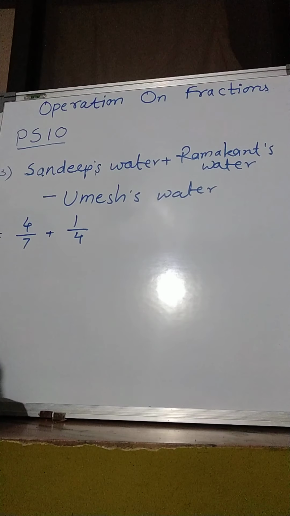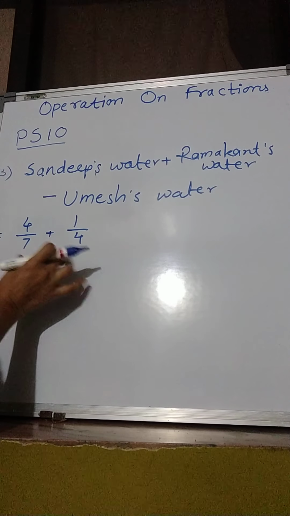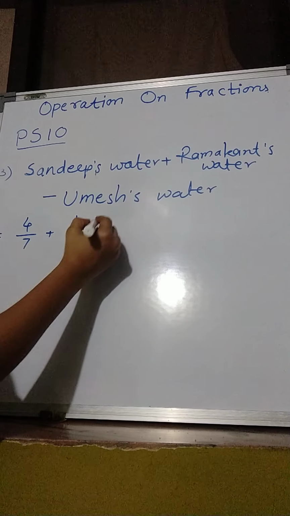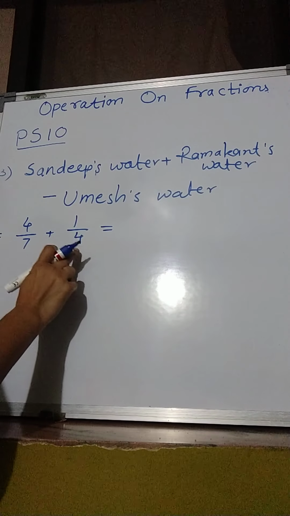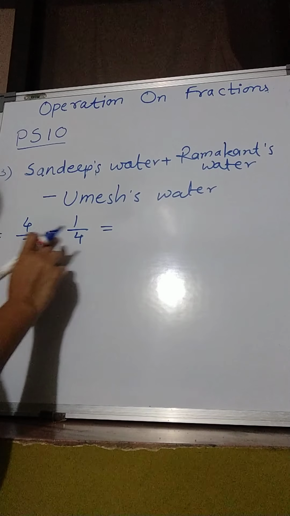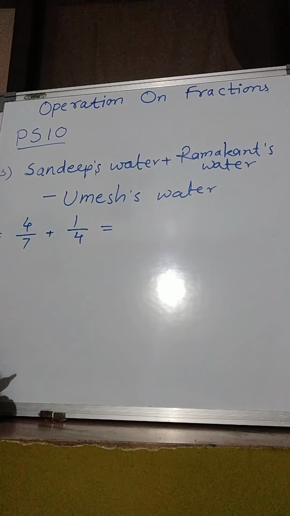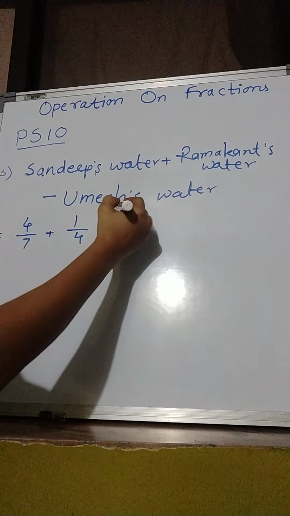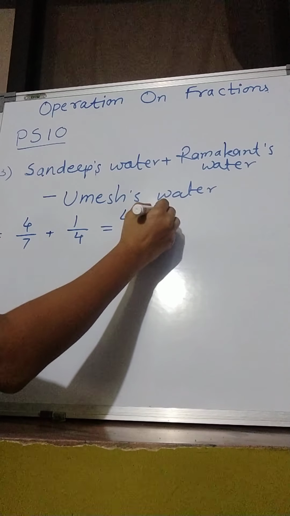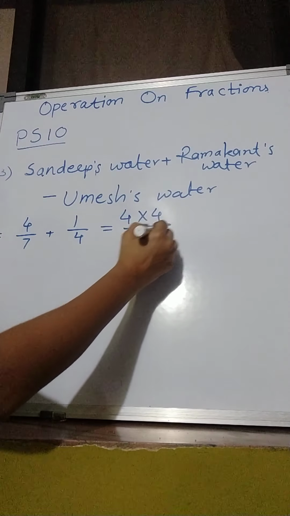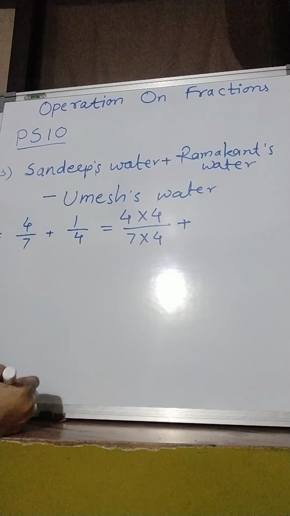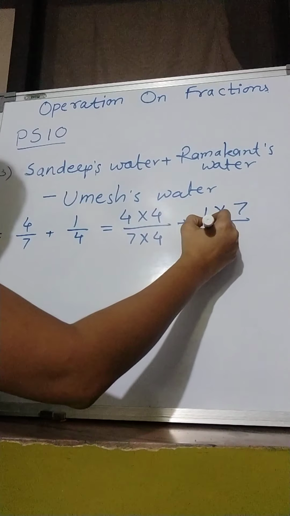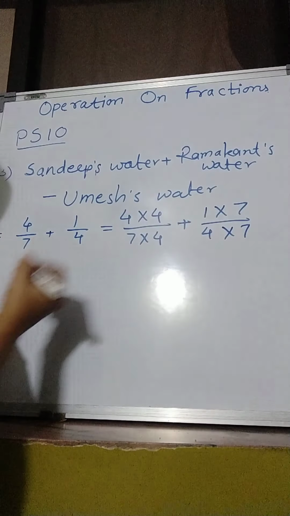Now here you have to make your denominators the same because the denominators are different. 7 cannot be 4 and 4 cannot be 7. For that, you have to do cross multiplication. 4 multiplied by 4 upon 7 multiplied by 4 plus 1 multiplied by 7 upon 4 multiplied by 7.